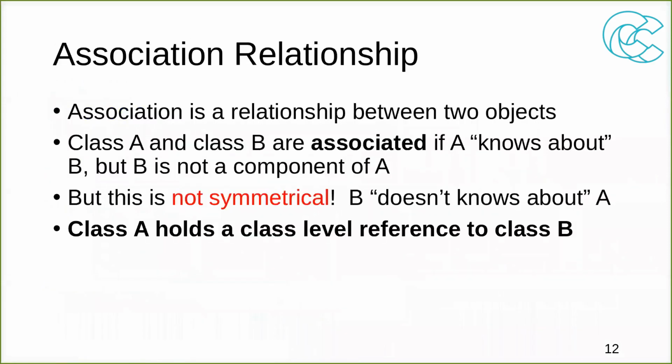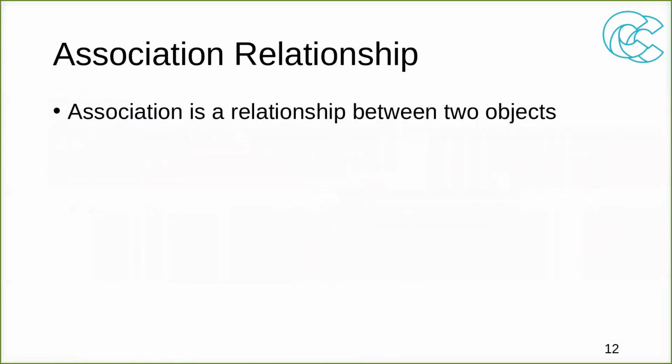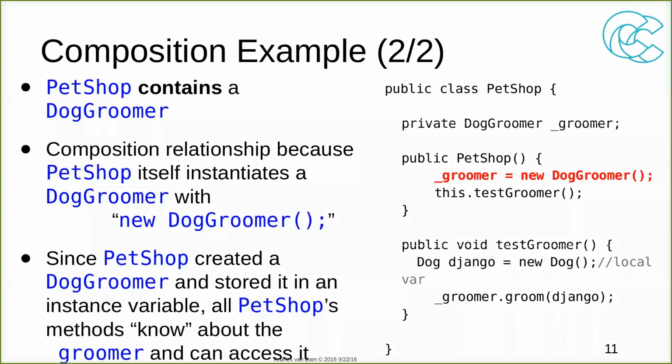So, sir, if we do not instantiate the contained class inside the container class, will it still be called composition? No. So that is association. We'll come to that in the next couple of slides.